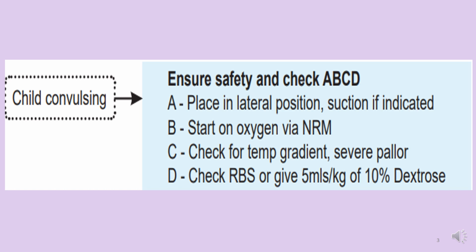Then if 5 minutes have elapsed, you can start your child on anticonvulsants. If the convulsion has lasted 5 minutes and more, then that child qualifies to receive an anticonvulsant medication.